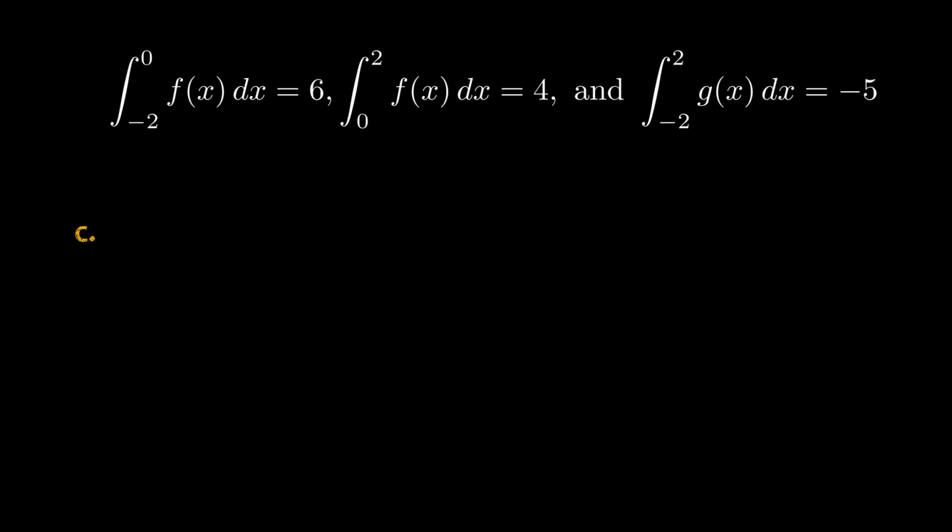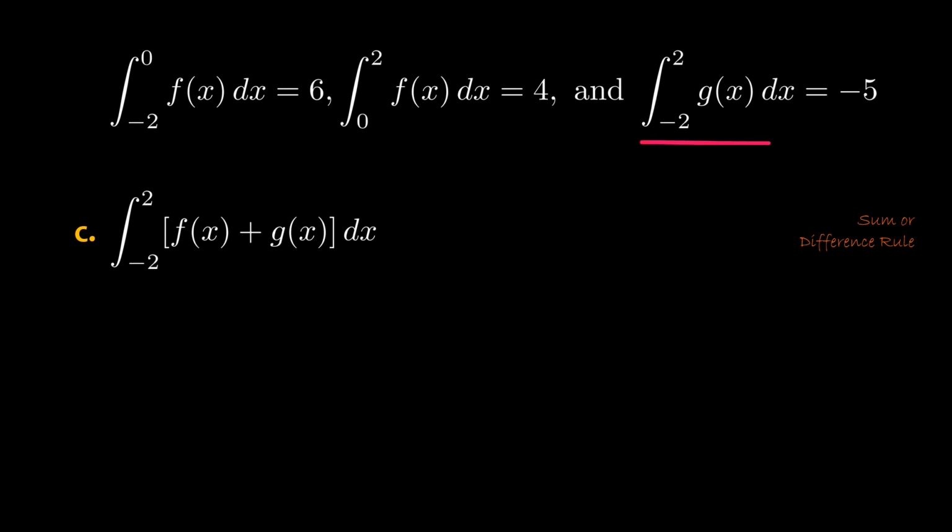C. Apply the sum rule. Substitute the computed and given definite integrals. Hence, the definite integral is equal to 5.